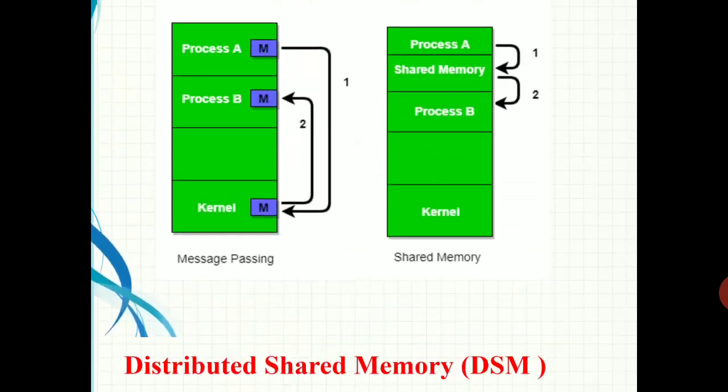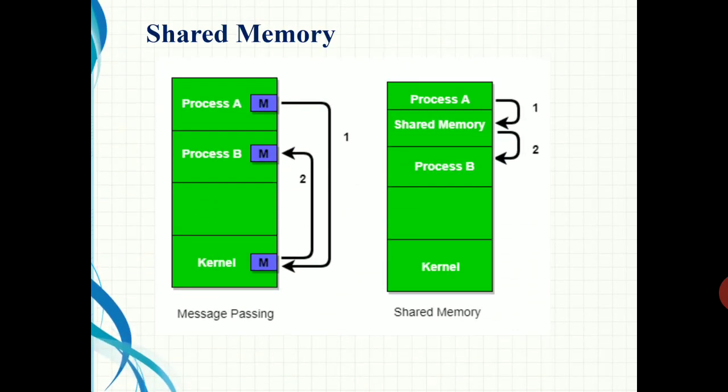Before coming to the distributed system, we can compare the two methods: the shared memory method and the message passing method. In the case of shared memory, a region is used for communication, but in the case of message passing, the communication media is used, that is, we use the send and receive primitives.